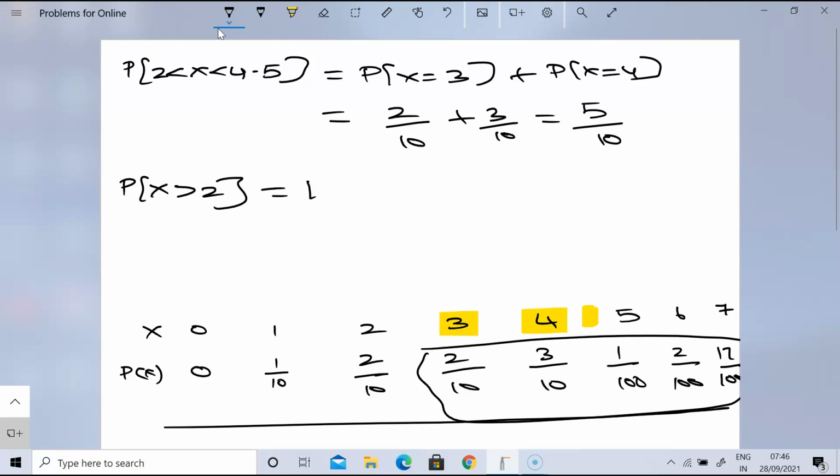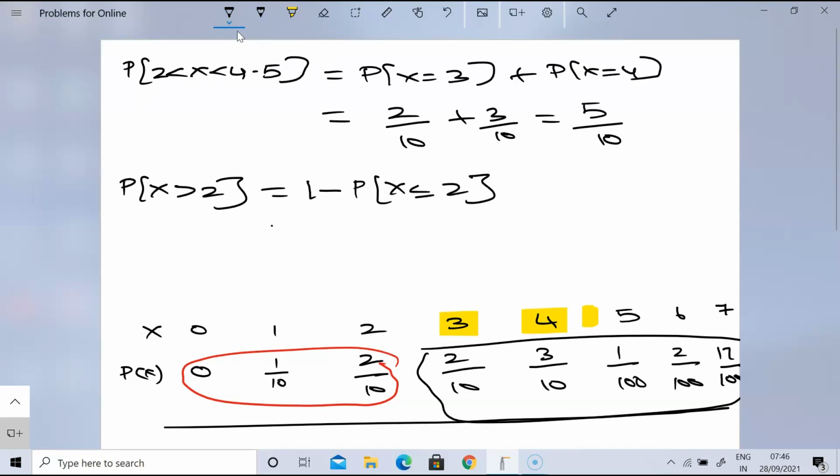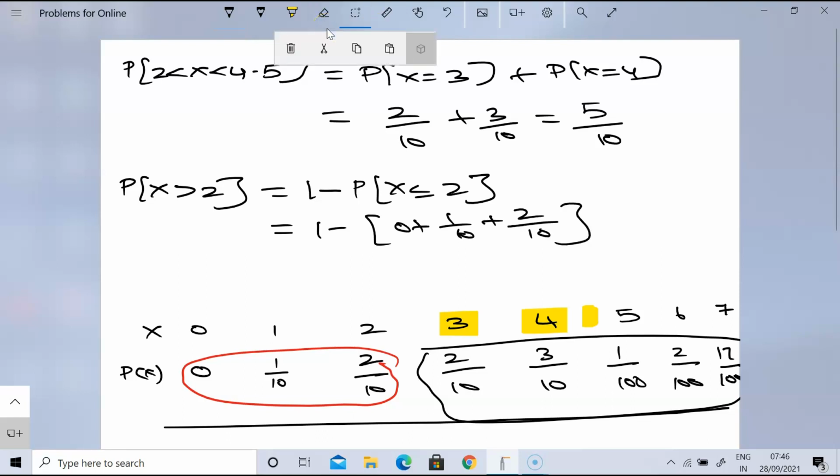So I'm using the complementary event: 1 minus this value, because the total is 1. When I cut this part, I get the rest. So this is 1 minus probability of x less than or equal to 2. The probability of x less than or equal to 2 is 0 plus 1 by 10 plus 2 by 10. This is what I have.